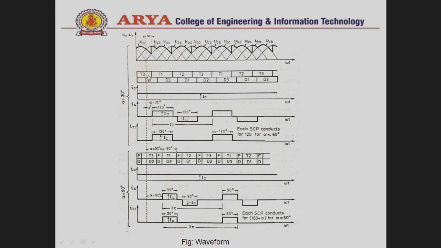That's why T3 is written here, as it works until the alpha firing angle is applied on T1. When we apply the firing angle, T1 starts working, then T2, then T3, T4, and when T1 is working, the remaining voltage is due to the diodes D2 and D3.